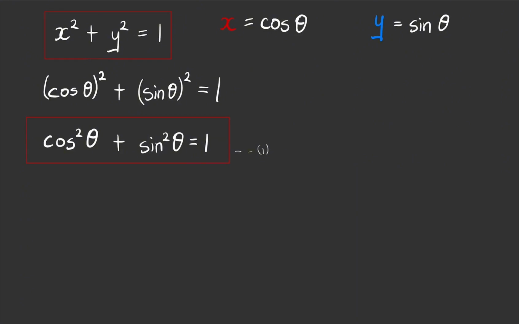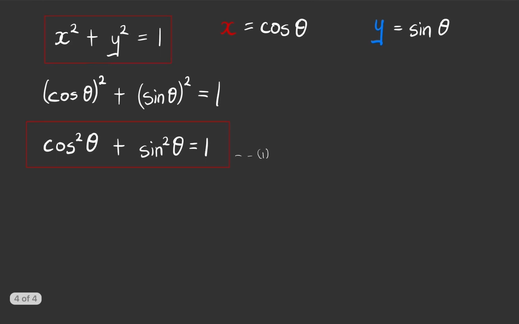To derive the other 2 Pythagorean identities, I would say divide equation 1 by cosine squared theta.